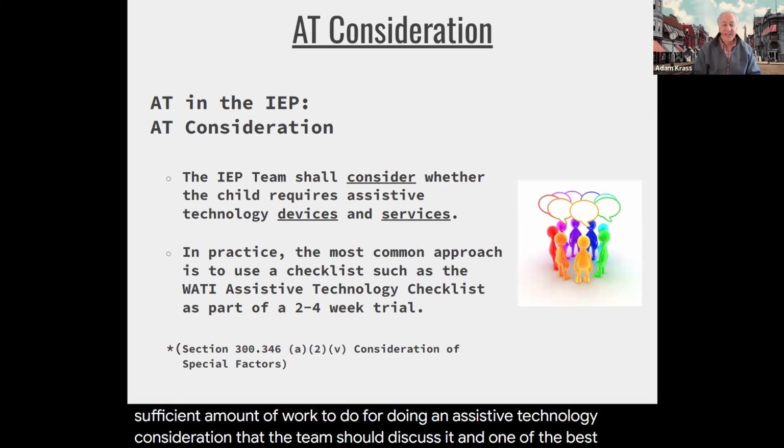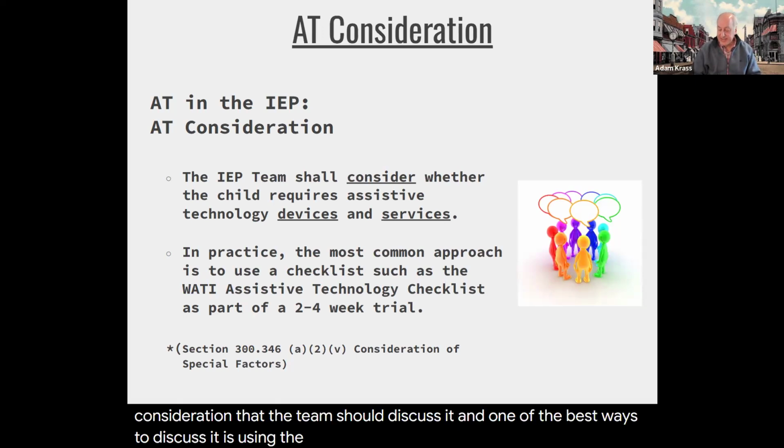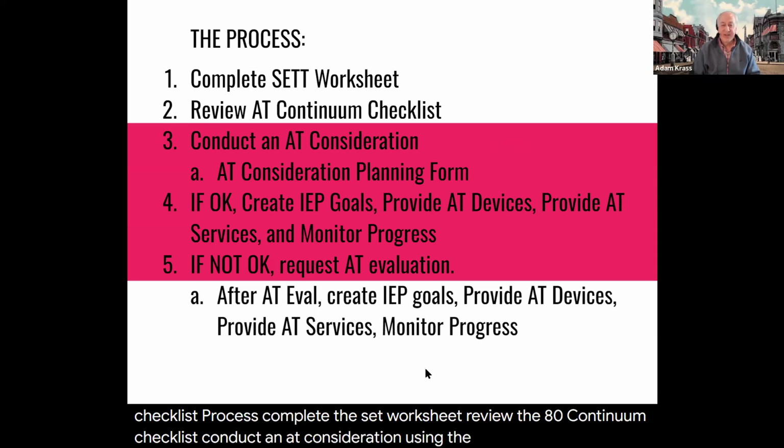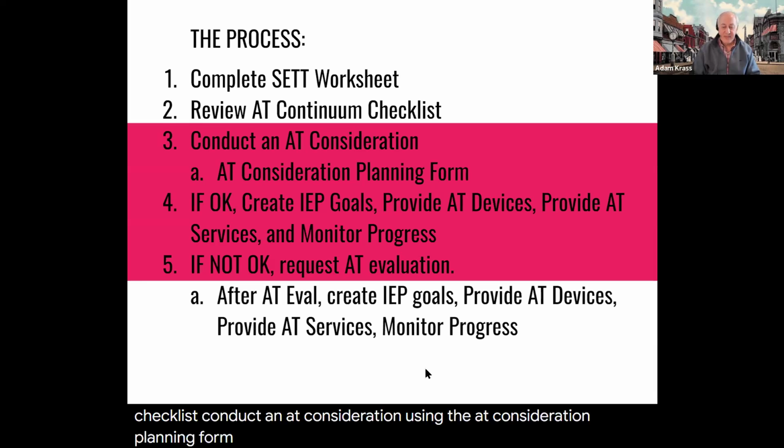And one of the best ways to discuss it is using the AT continuum checklist. So here's the process. Complete the SETT worksheet, review the AT continuum checklist, conduct an AT consideration using the AT consideration planning form.